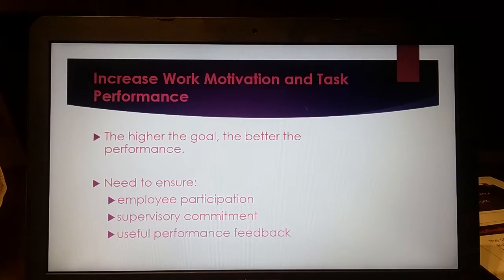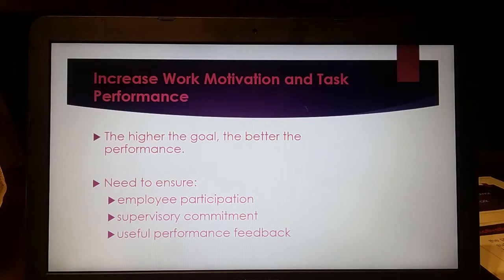Okay, so generally speaking, the higher the goal is, the better the performance is going to be. Remember we talked before about one of the barriers to perception being self-fulfilling prophecy. If you believe someone can do it, then they're probably going to do it.